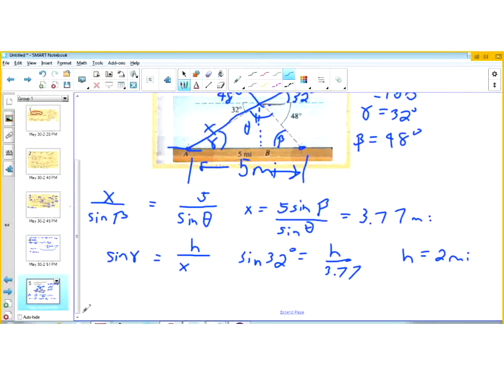Okay. All right, so let's do one more word problem for section 3.4. Let me paste it in the whiteboard.